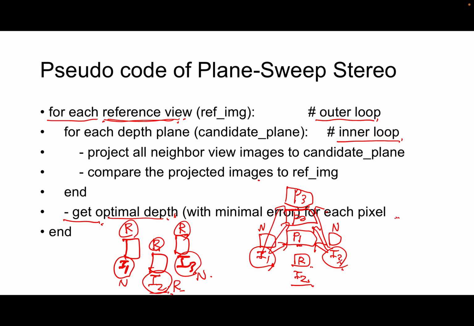And we keep repeating this for all depth planes, for all virtual planes, and then we get optimal depths of the reference image with minimal errors for each pixel. And we keep repeating this, then finally we can get depth maps of all images. That becomes multi-view depth maps.